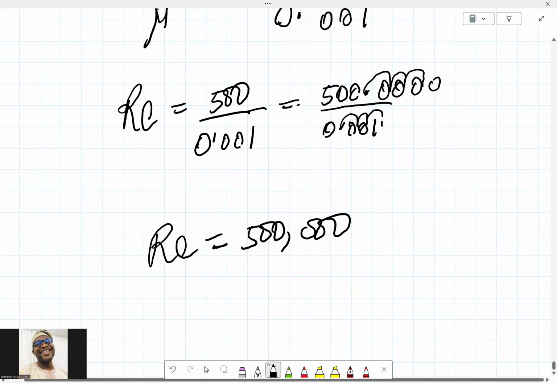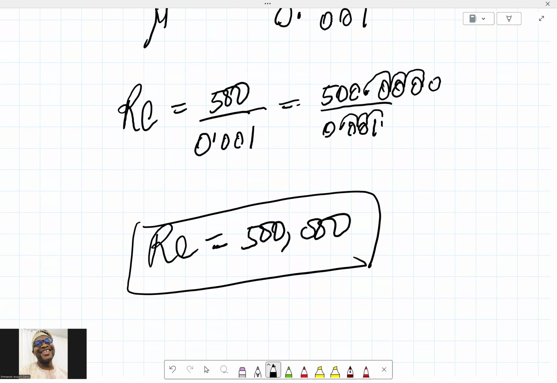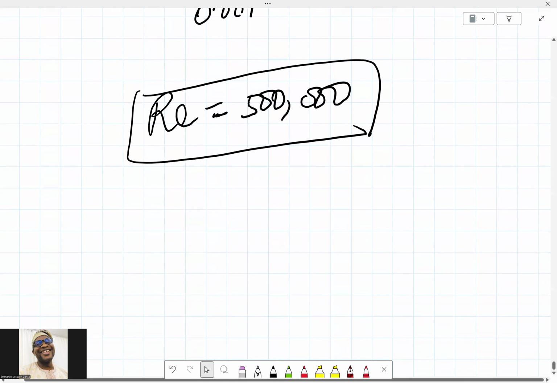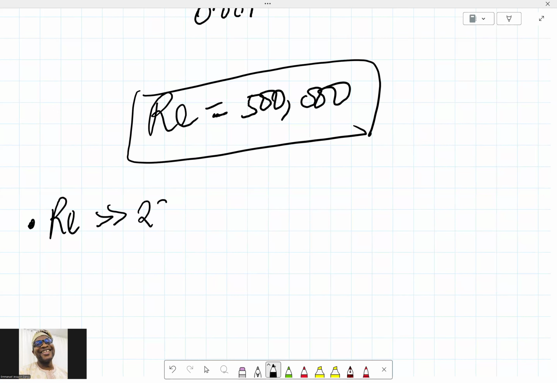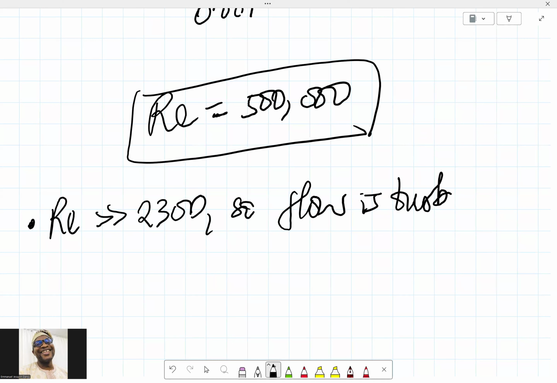That's so large, so we are looking at a very turbulent flow. Re is far, far greater than 2,300, so the flow is turbulent.